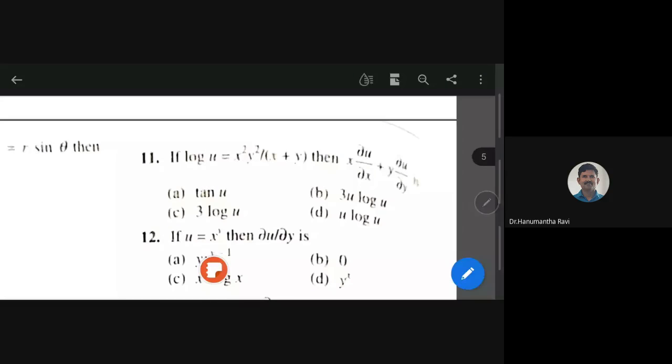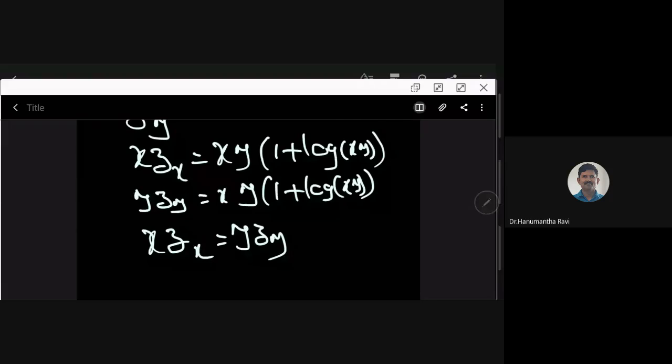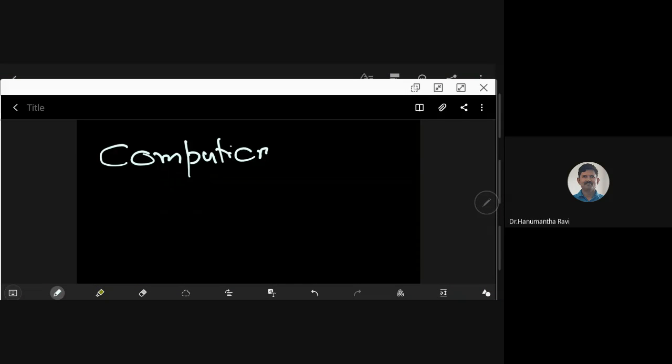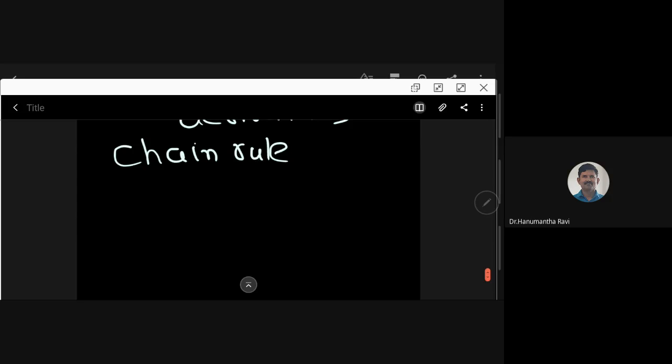So for now, we have covered these topics so far. I'm telling you here. One is computing partial derivatives. Then we have applied chain rule sometimes, and sometimes we have applied Euler's theorem for homogeneous functions.